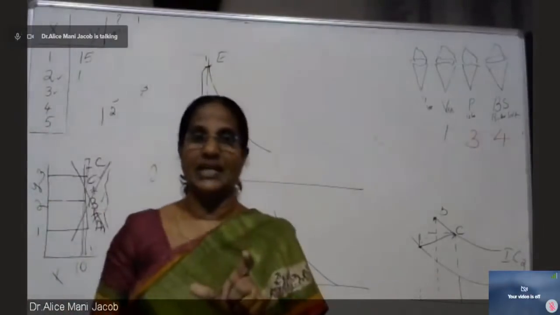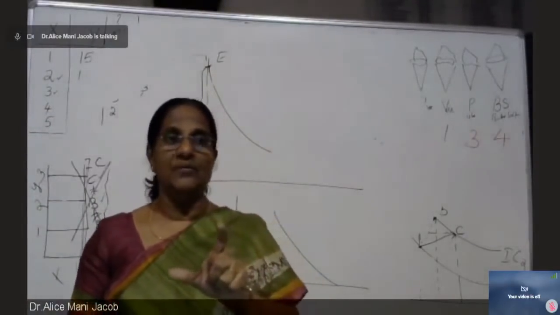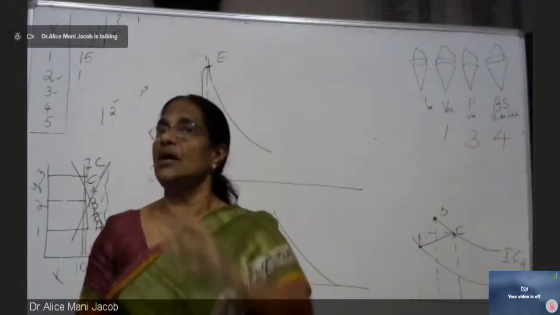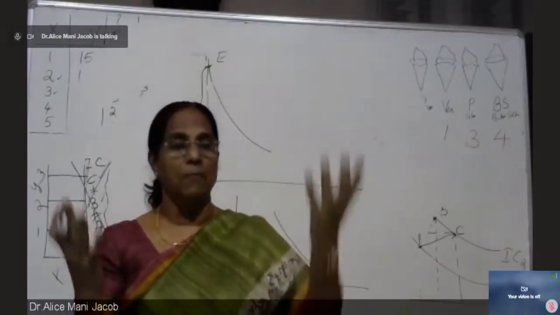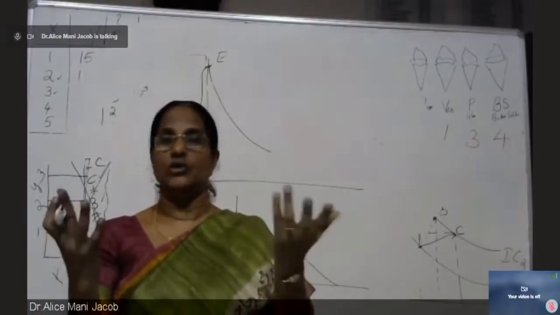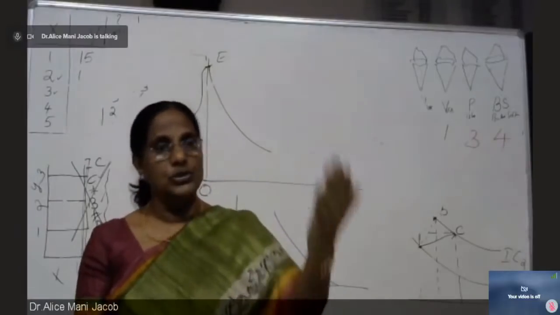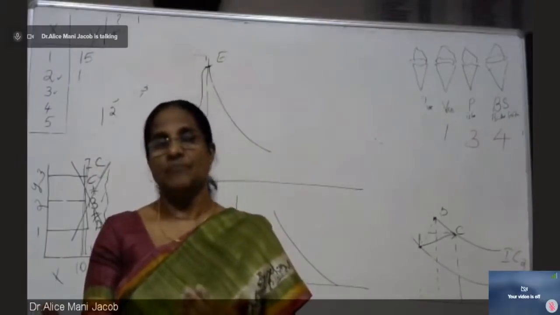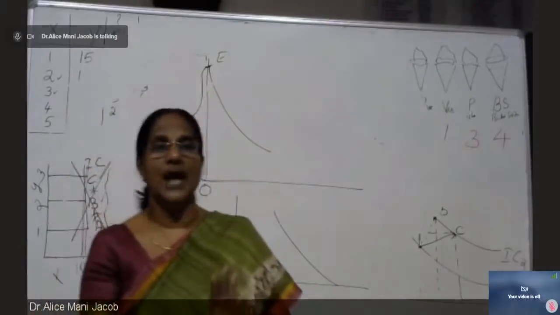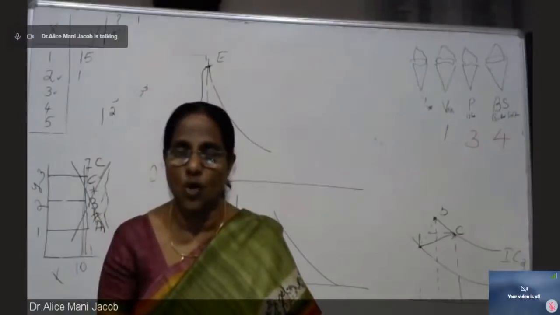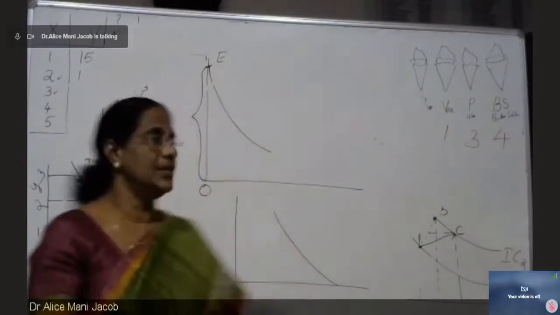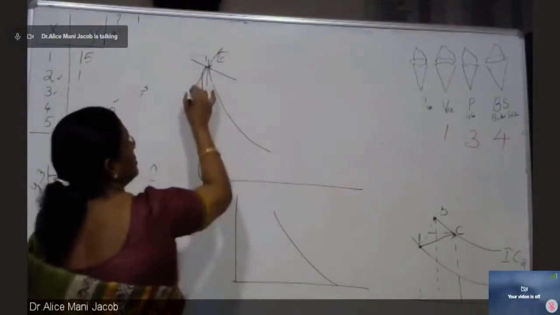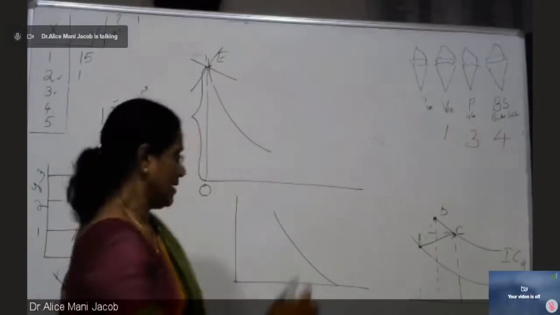But our assumption is that an individual prefers combinations of two goods. Look at your table. There is no 0. We should have both goods, and one good should be given up in order to get an additional unit of another. So we presume that a consumer consumes two goods as a combination, but here there is no good X, and so it is not possible to have a point like this.